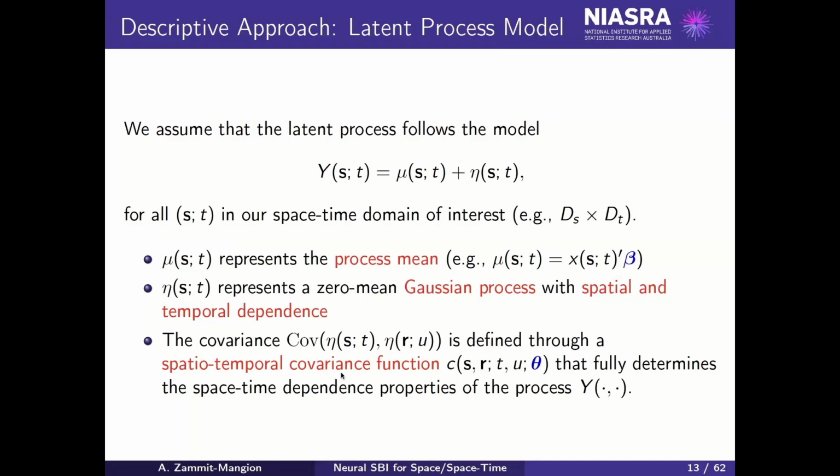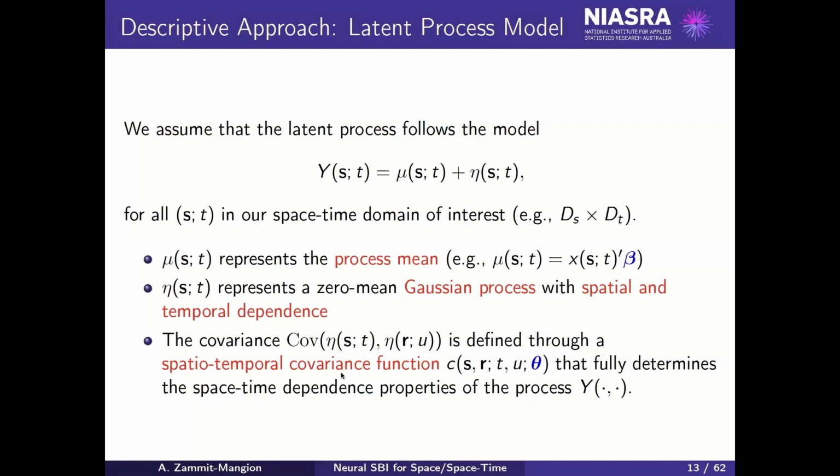So if you're modeling temperature, let's say y is temperature, x could be elevation, and beta could be the coefficient associated with elevation, typically negative, because the higher you go, the colder it gets, right? But elevation doesn't totally explain temperature. There's some residual variability that you need to take into account, and that residual variability is usually correlated in space and time.